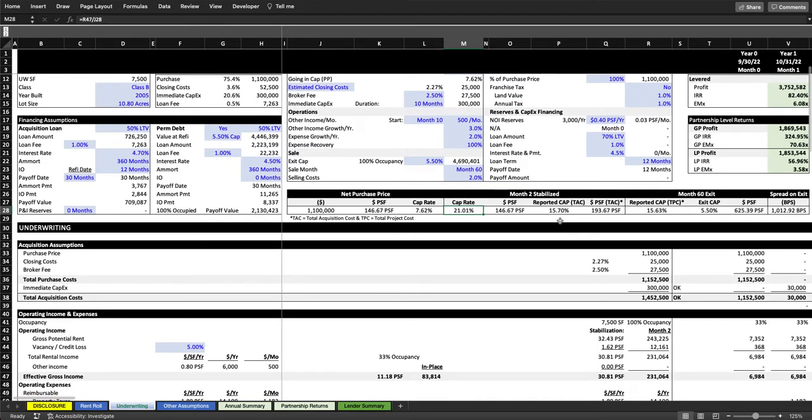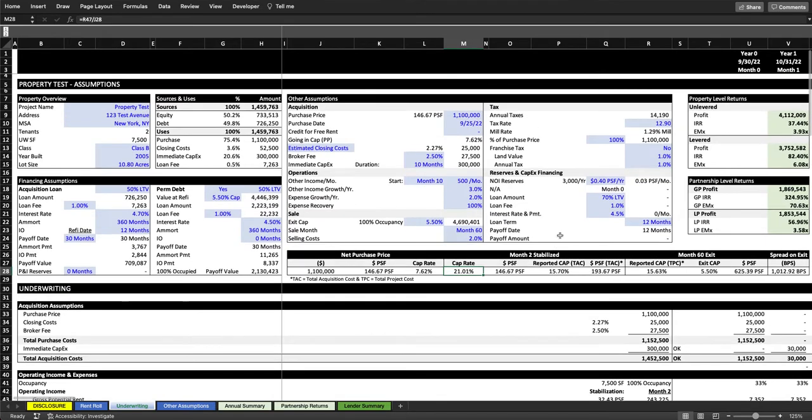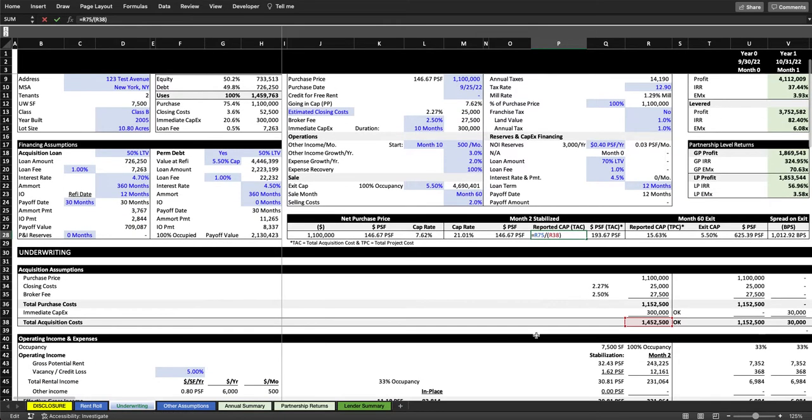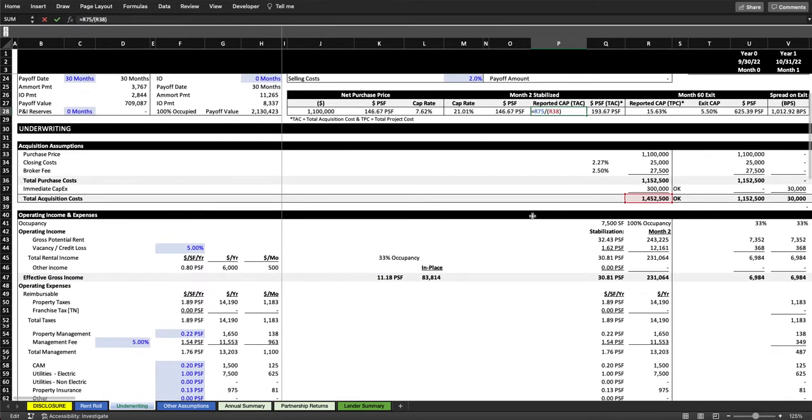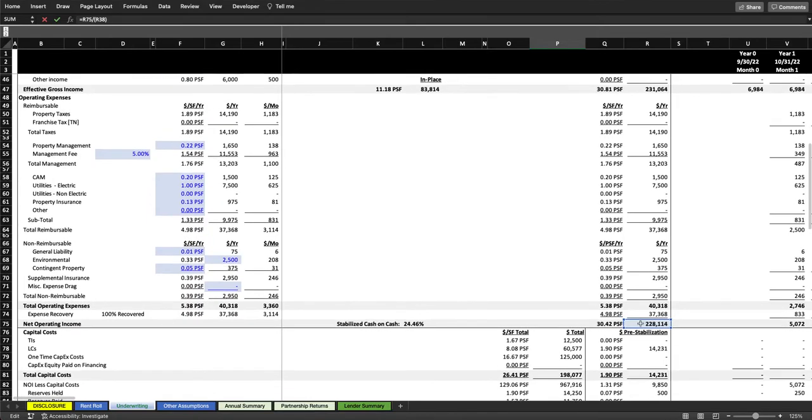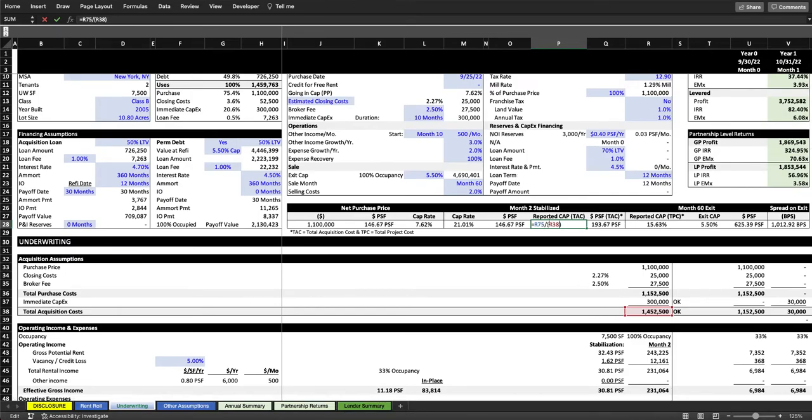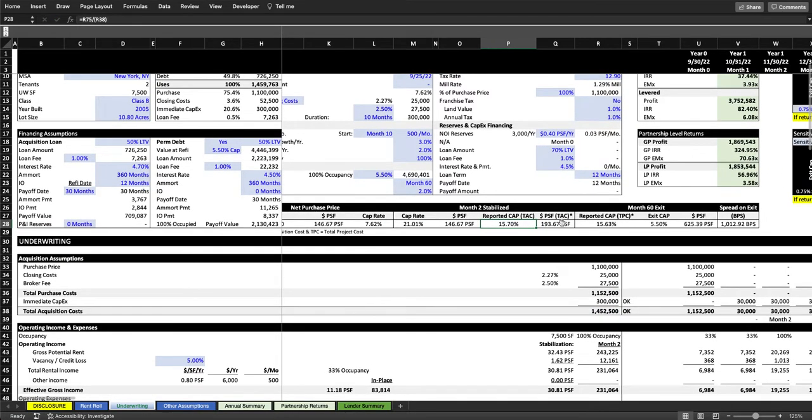You can also see what the reported cap rate is. So based on the total acquisition cost, which is that 1.42 million, it's the NOI at month 2, so the actual net operating income, not just the effective gross income, divided by the total acquisition cost, and then you see it on a square foot basis.